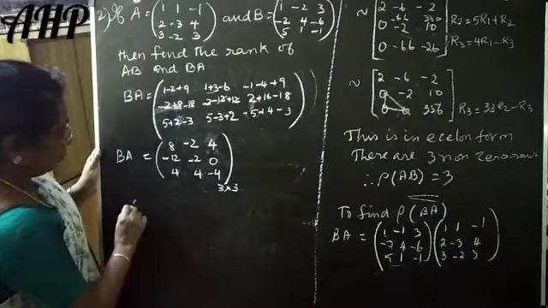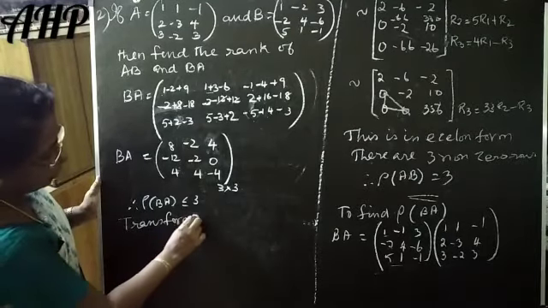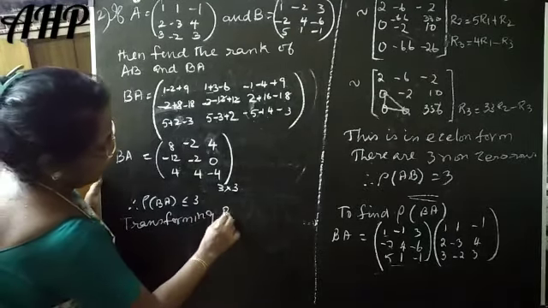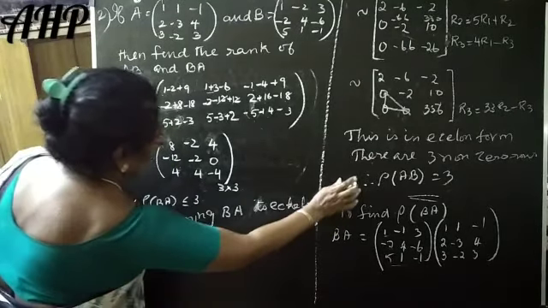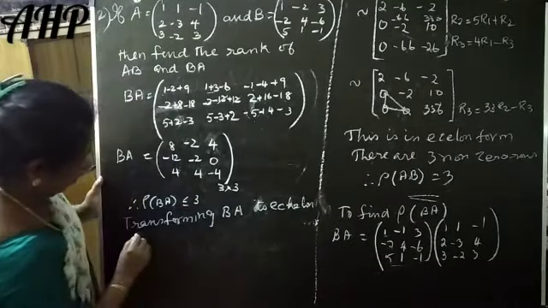Again, transforming BA to echelon form. BA is equivalent to, again you can bring this minus 2, minus 2, 4, 8, 12, 4, 4, 0, minus 4.